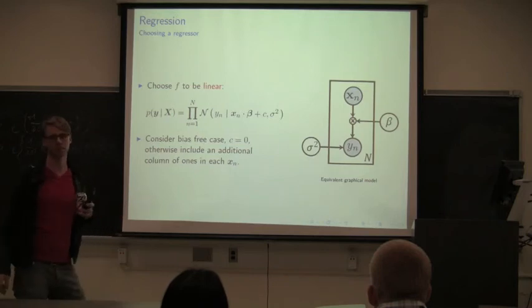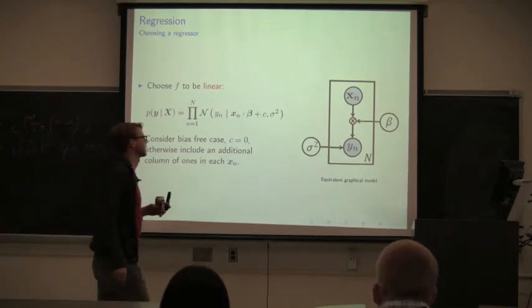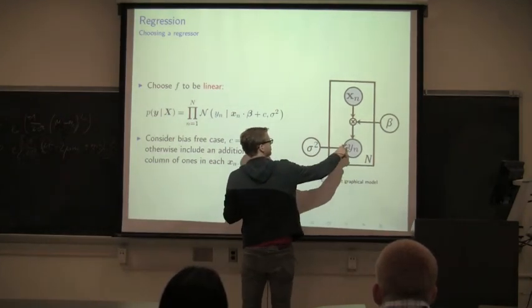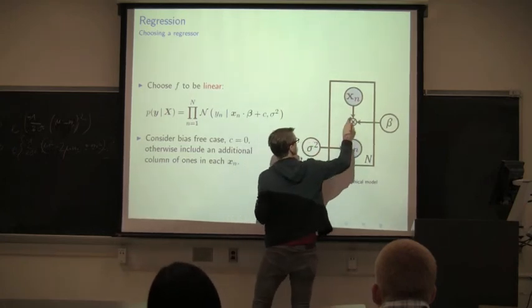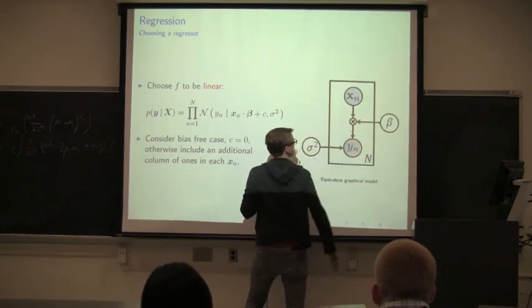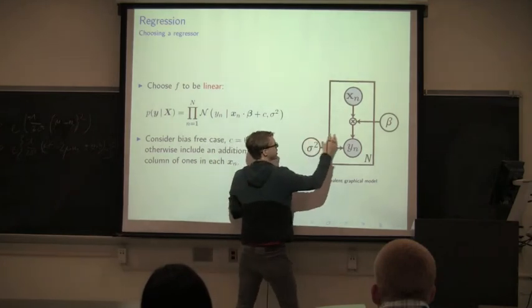For Bayesian, we treat our parameters as random variables. Y is a function of x and those weights, and we have one of those.